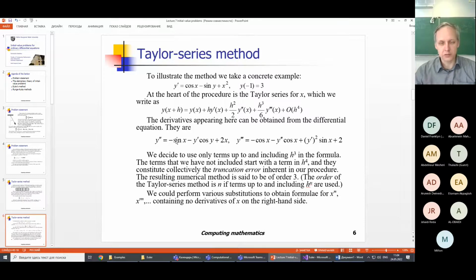The second derivative, we can differentiate the first derivative. Third derivative, we can differentiate the second derivative, and so on. We can do it if we know the right-hand side, and if the right-hand side is a relatively simple function.